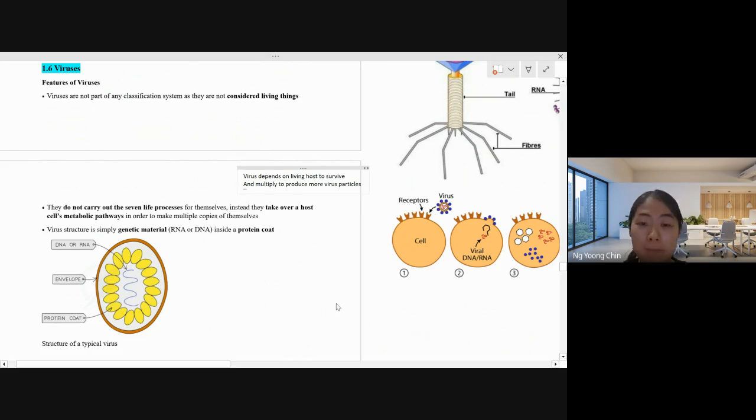Okay, so usually viruses will attack living organisms. For example, I think a few years ago we had the COVID influenza epidemic, right? An outbreak in the whole world. So COVID influenza is a kind of virus. It's an influenza virus.